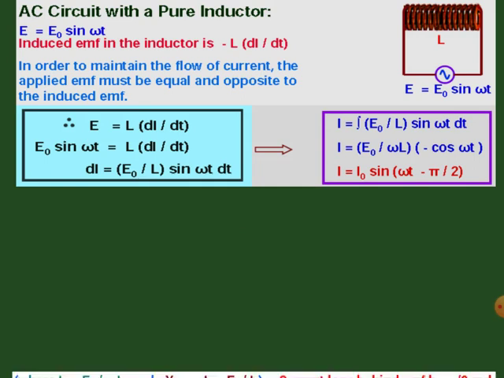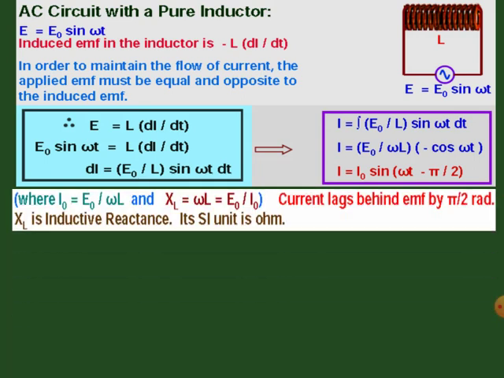Now see here what happened. I told you that instead of this E naught by omega L, we use I naught. Why? Because this omega L is just acting like a resistor. Not actually a resistor, rather it is opposing.